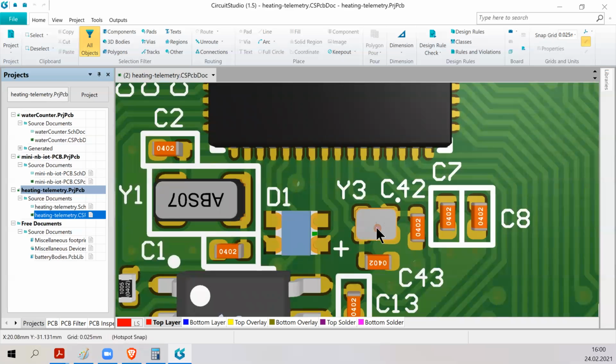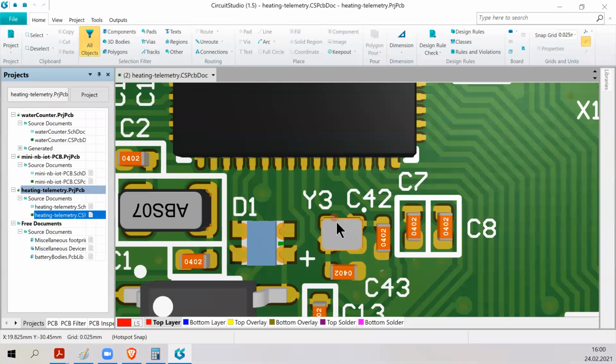But at the end, the client figured out that this high frequency oscillator is expensive. It costs some extra 30 cents on every device. So if you manufacture 1000 devices, it's extra 300 euros. So he says, you know what? I don't need that precise high frequency oscillator.